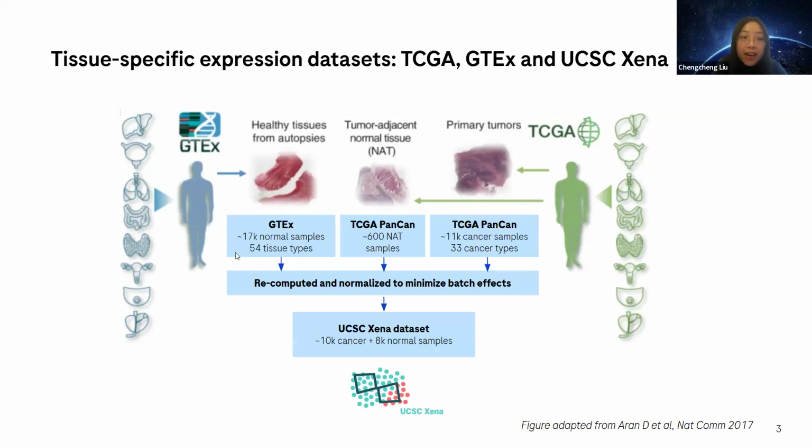However, these samples are highly heterogeneous, making it difficult for a direct comparison. There has been an effort by UCSC called the XENA dataset that recomputed and normalized all samples from raw counts to allow expression comparison and minimize batch effects.